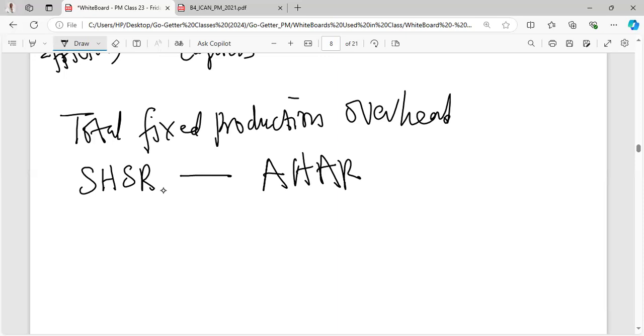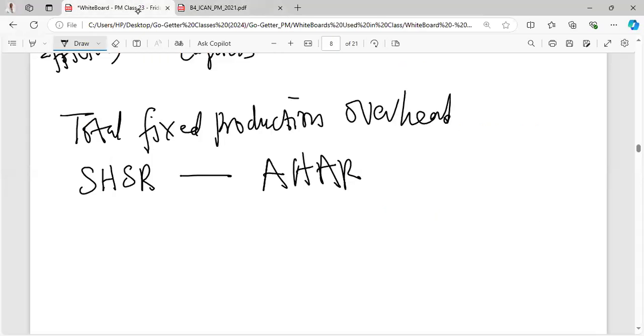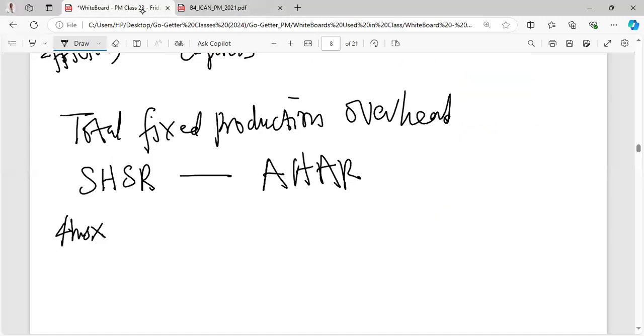Now your standard hours from this question, standard hours per unit is 4 hours, which is 4 hours multiplied by actual number of units produced, 1000 units. So 4 hours per unit times 1000 units.